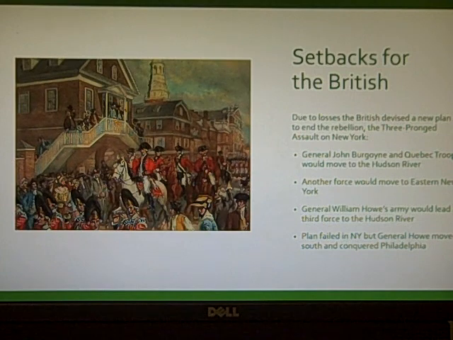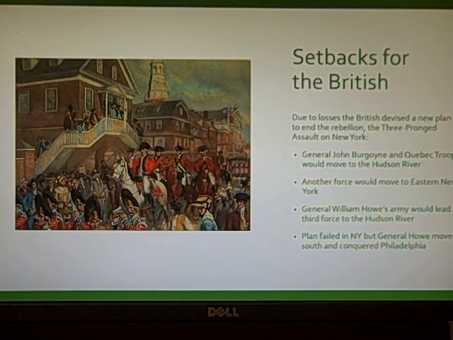Okay, so the British are successful initially, right? The British are winning the war initially. They take New York, right? Washington barely escapes, and the British essentially have a very specific plan of attack.